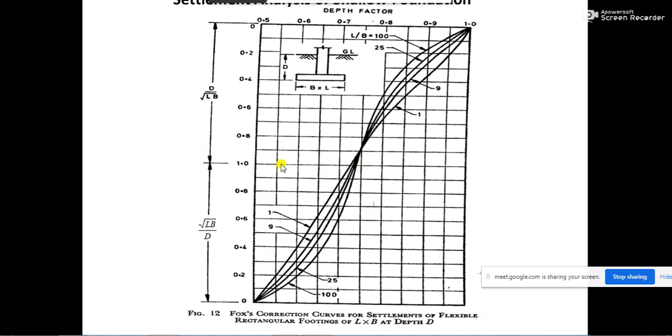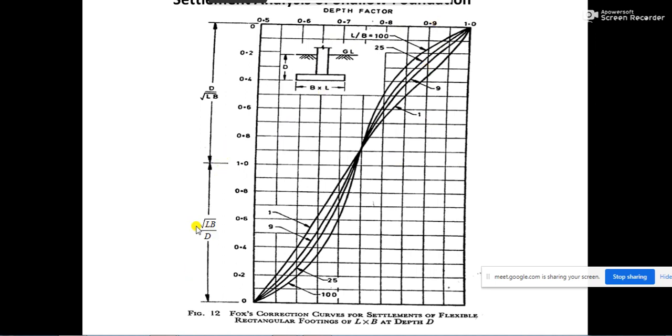So first, you should calculate d over root over LB. If you get the value between 0 to 1, then it's fine. You get the values from the upper portion of this diagram.